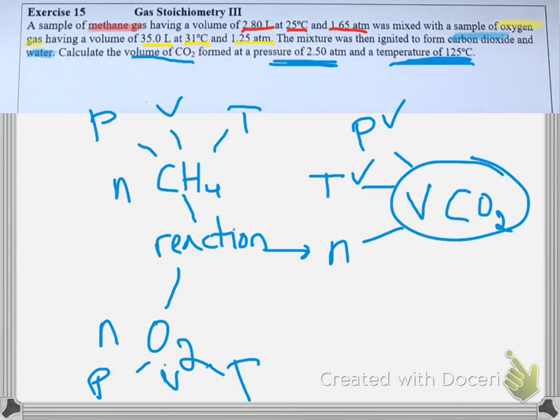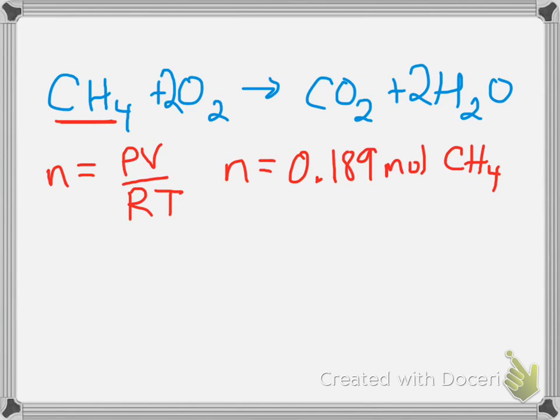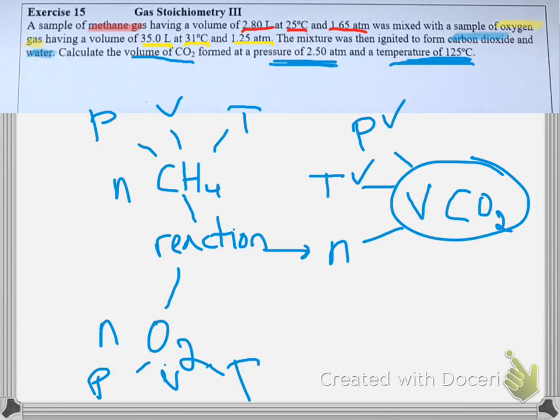I'm going back here. I'm given 2.8 liters of methane, 25 degrees Celsius, 1.65 atm. So let's calculate our moles of methane. Hopefully when you plugged in all of those values in the PV equals nRT equation, the ideal gas law, you got 0.189 moles of methane. Now let's calculate our moles of oxygen.